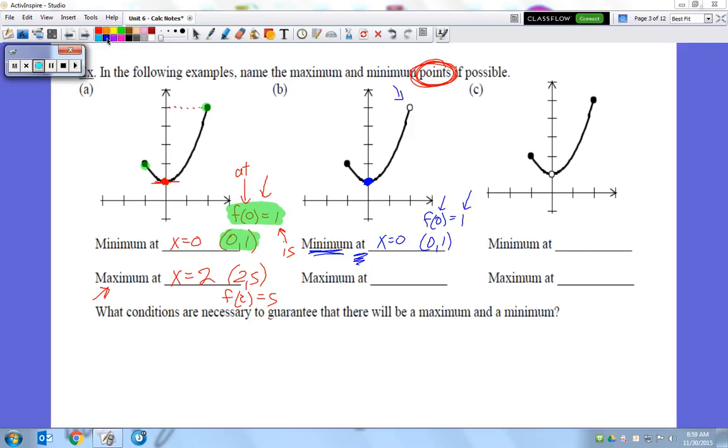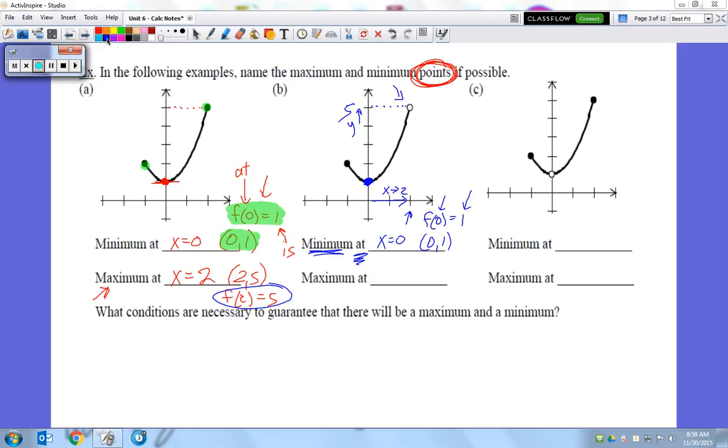The maximum is not going to be at x is equal to 2 because this infinitely approaches it. It's almost like a limit. As x is approaching 2, the y is approaching that value of 5 that we talked about in the other example.